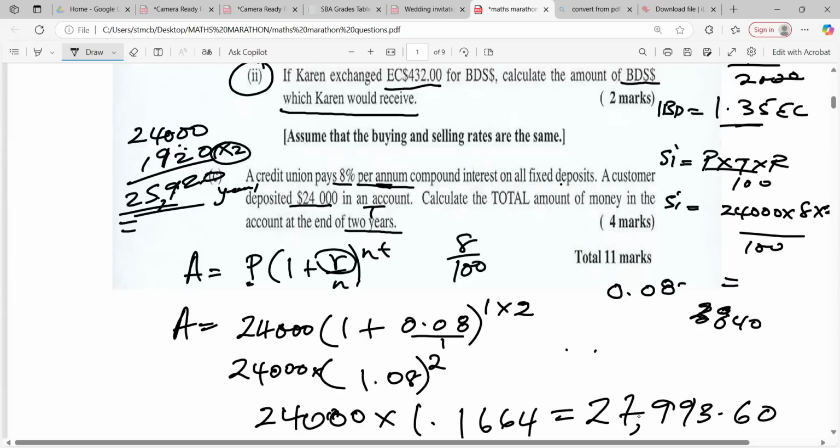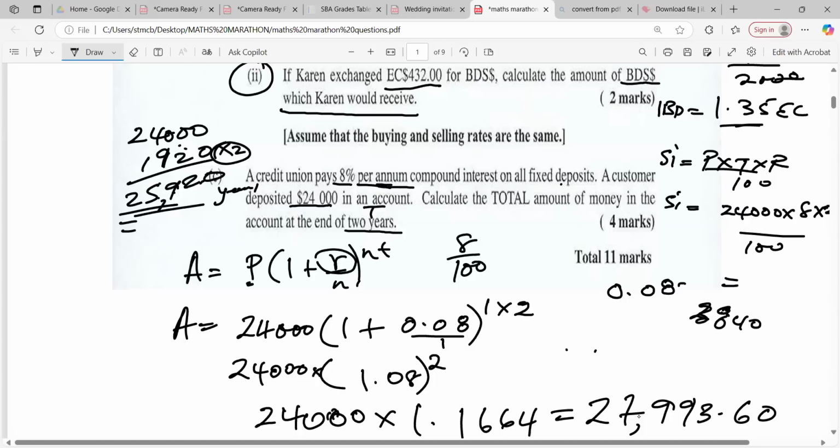But then we have to do the same process again. Find 8% of this again, because that's how it's supposed to be done. So that'll be year 2 now. So you still going to find 8%, so you have to increase it again. So basically, each year the number will change and you work it out again.